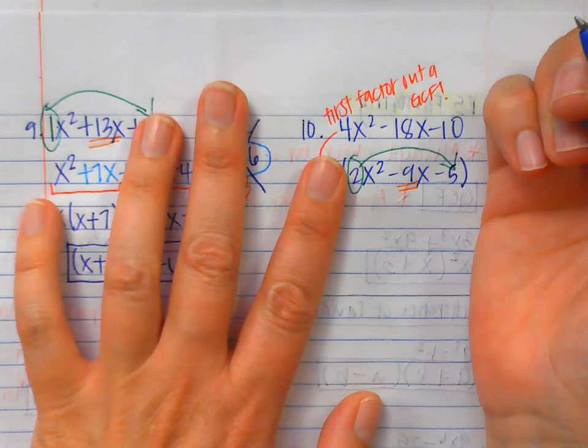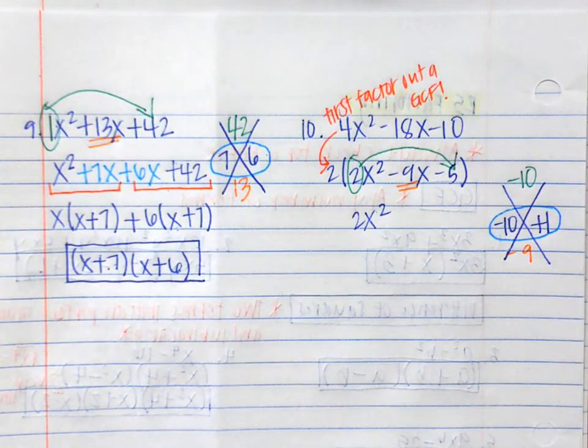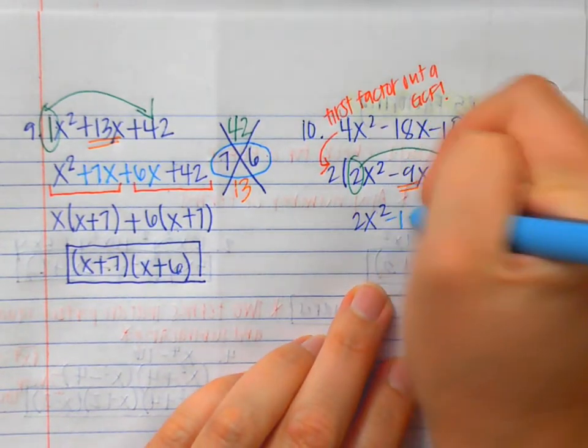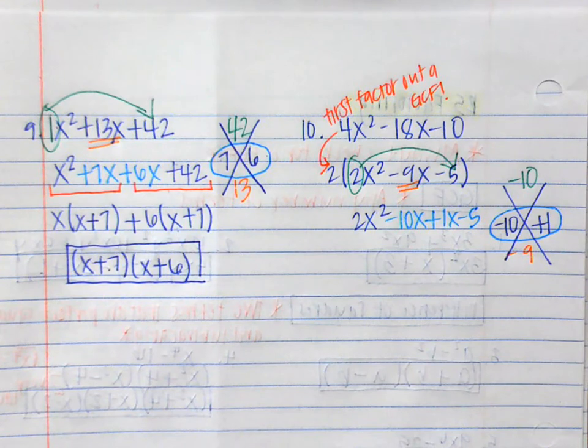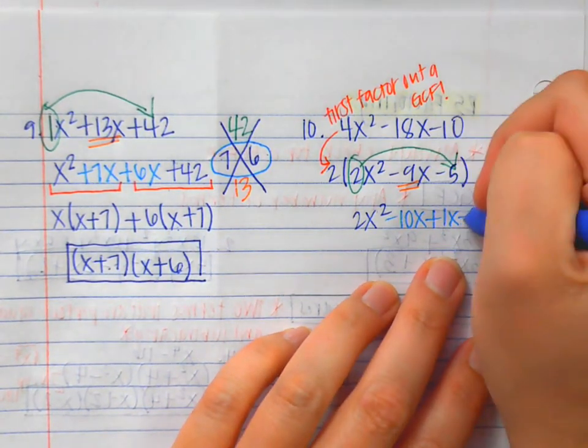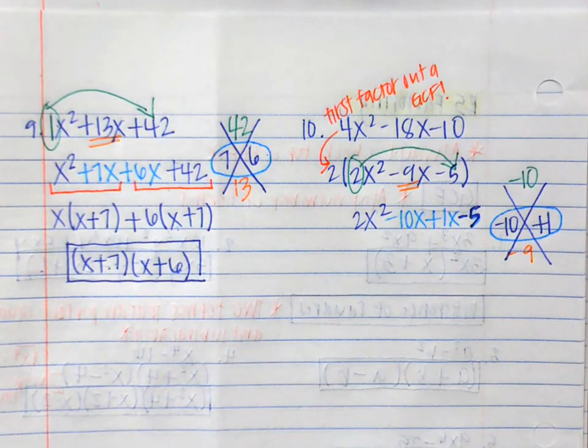So I'm going to ignore the 2 for right now and just split my middle term. So I'm going to have 2x squared minus 10x plus 1x minus 5. Again, it does not matter what order you put that in. And then I can factor by grouping.